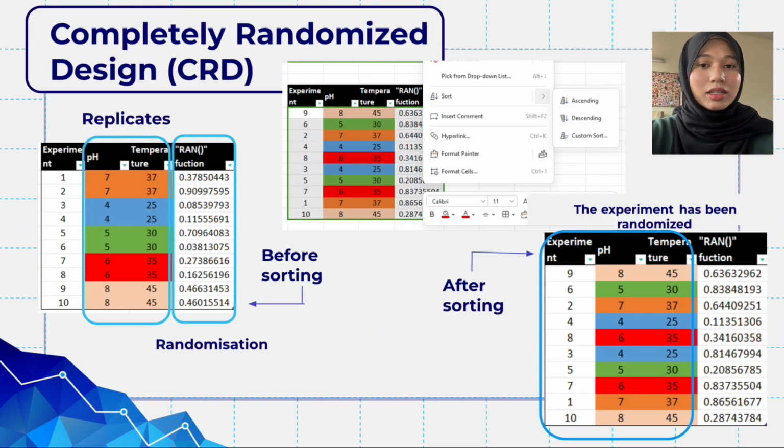For the factor temperature, the levels involved are 25 degrees Celsius, 30 degrees Celsius, 35 degrees Celsius, 37 degrees Celsius, and 45 degrees Celsius, and each level also consists of 2 replicates. The control for each factor is included, which are pH 7 and 37 degrees Celsius.